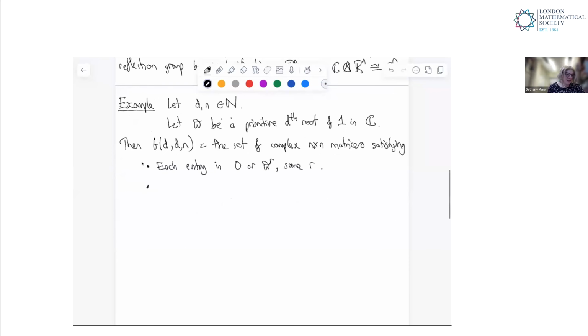Every row and column has a unique non-zero entry. And then the product of these non-zero entries is 1.